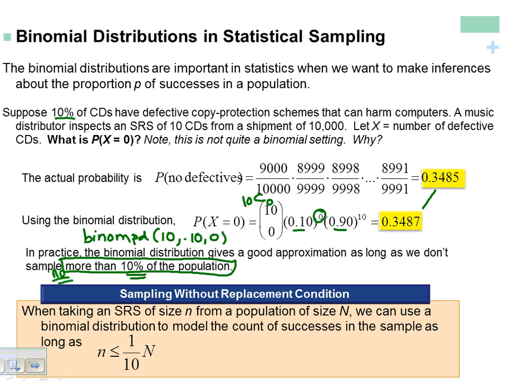I always adapt this, and I do 10 times the number in my sample, and I say, would that be smaller than the population? Okay, and that's how I look at this rule. I take 10 times the number of data that I have, and then I see if that's smaller than the population.